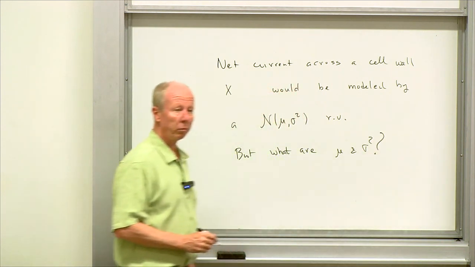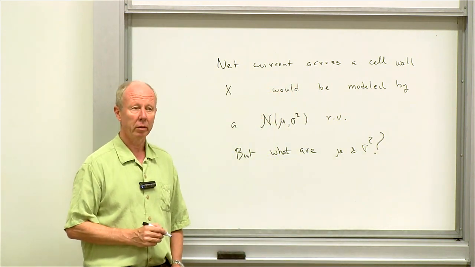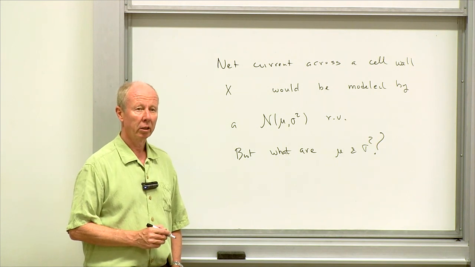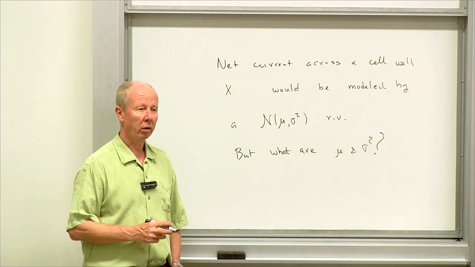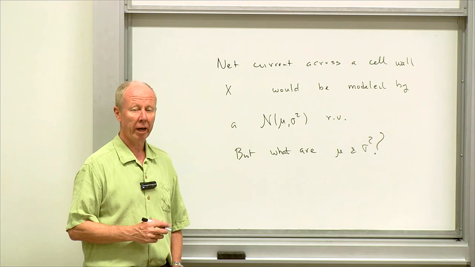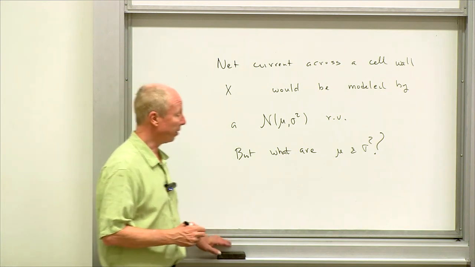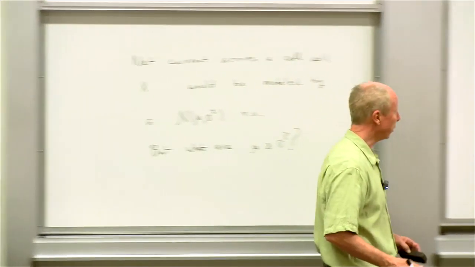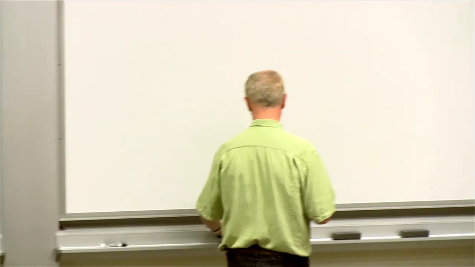But you want to decide what mu and sigma squared are. And then you might, in fact, make some deduction about the properties of these channels that are opening and closing: how many of them there are, for example, how much can pass through an individual one.